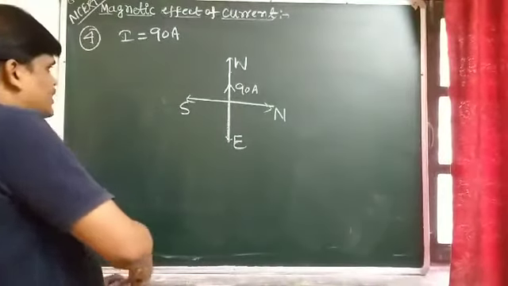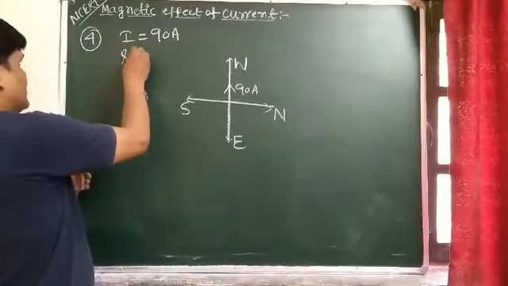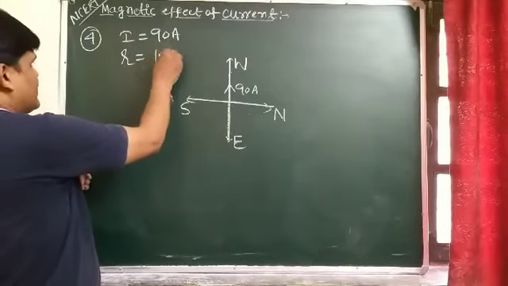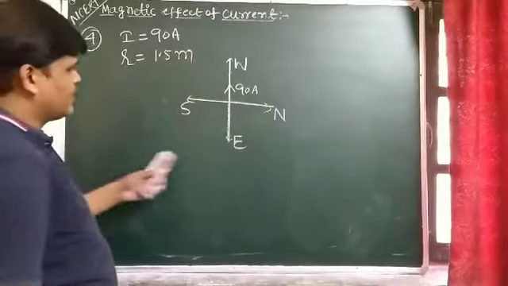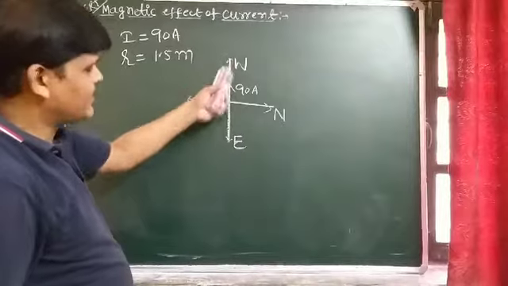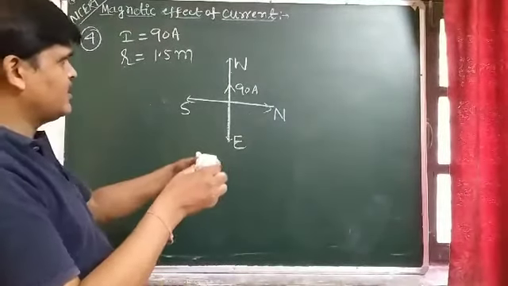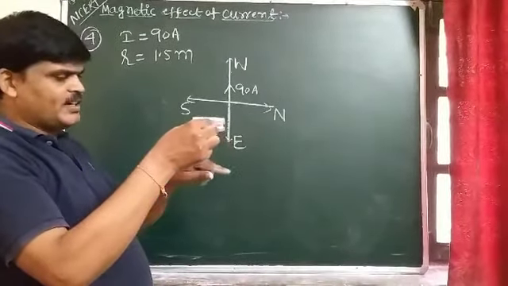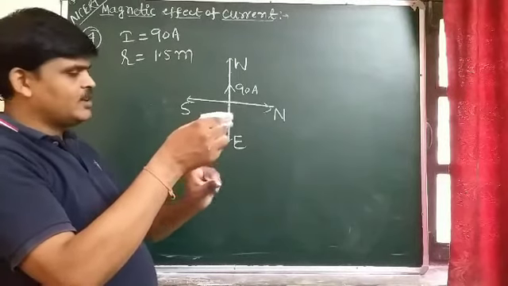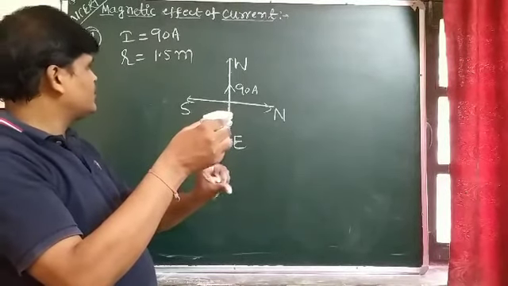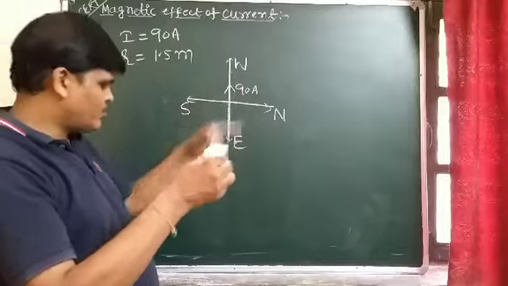So R is 1.5 meter. And student, this is the straight current conductor, east to west direction, and we have to find the magnetic field at this point, 1.5 meter below this overhead power line.